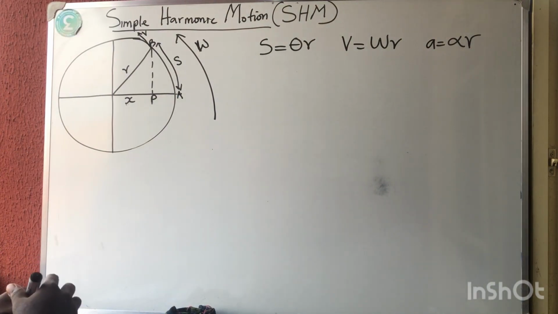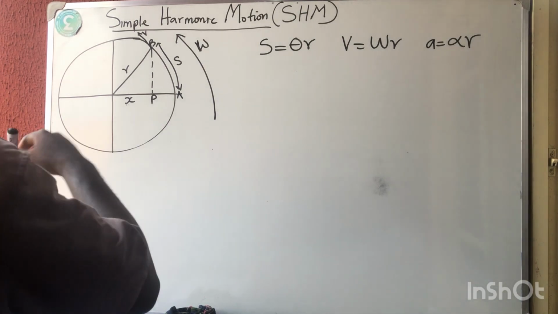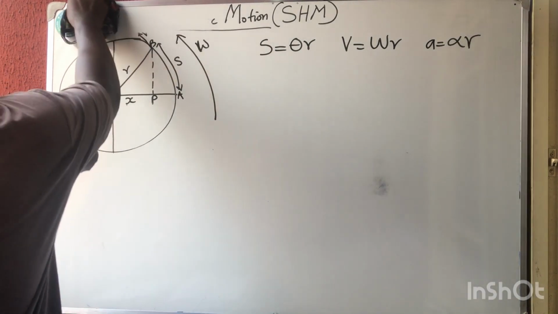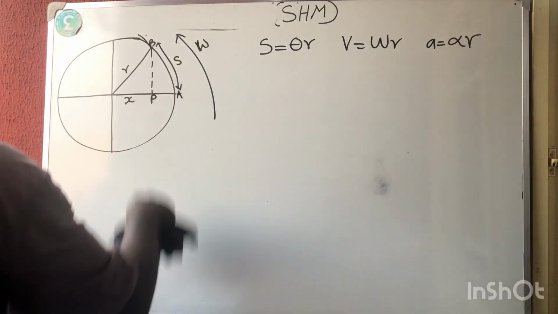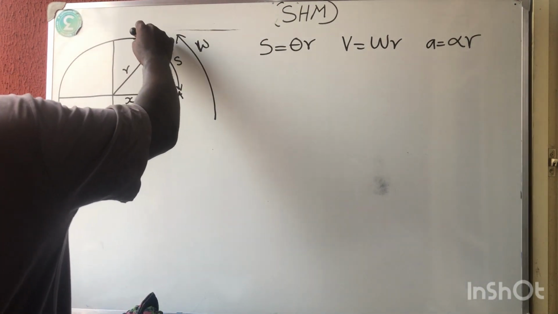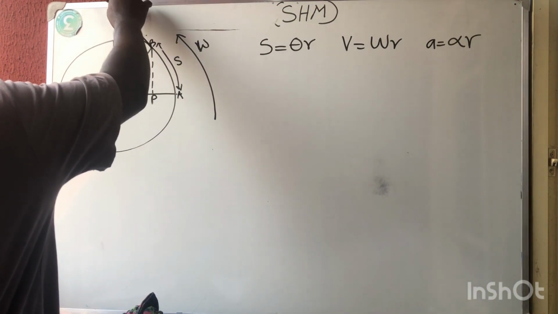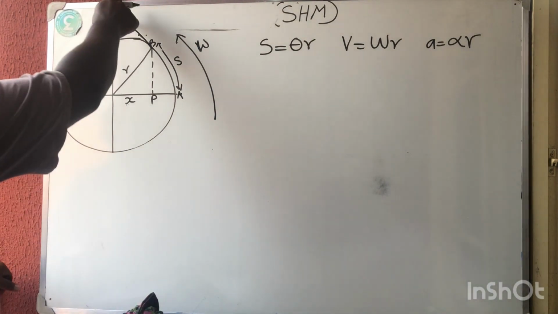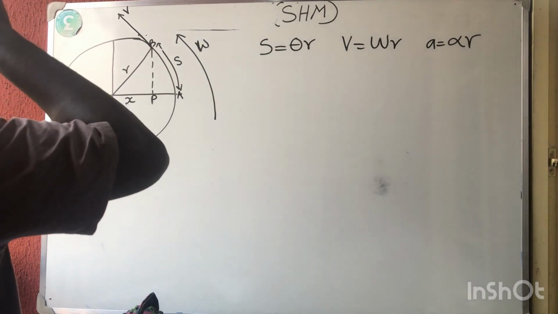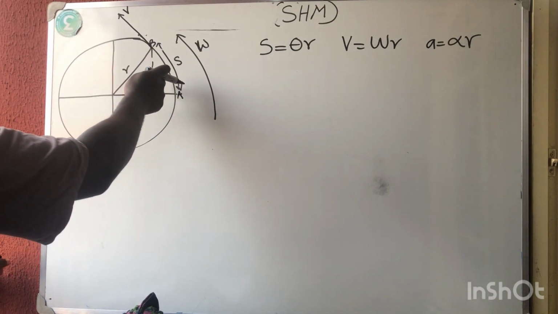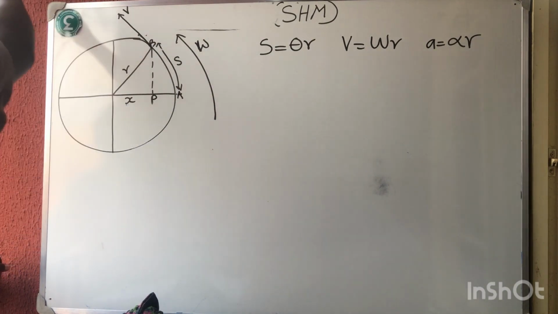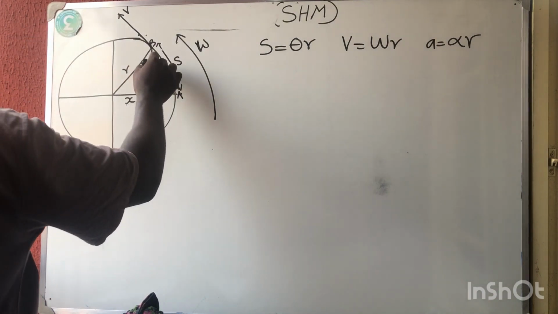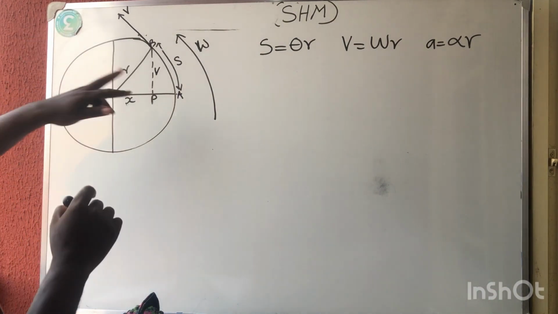But in simple harmonic motion, don't forget that. Permit me to clean somewhere here so you see the velocity very well. This velocity is acting this way. Let me assume that the velocity comes down here. There's something I want to show you.